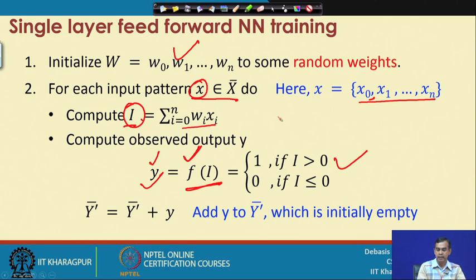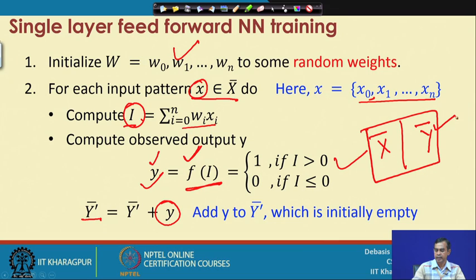Now, the observed output we will store in y dash; we add this output into y dash. We decided earlier that x bar and y bar are the input and output as the training data, and for each input, whenever we give it to the perceptron, we see what the observed output is for that input.